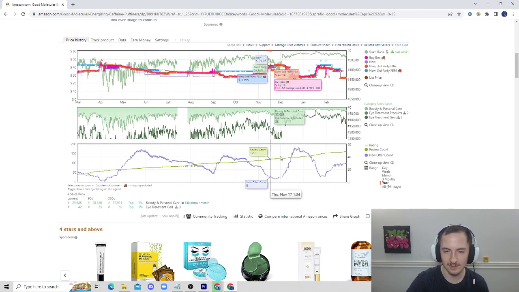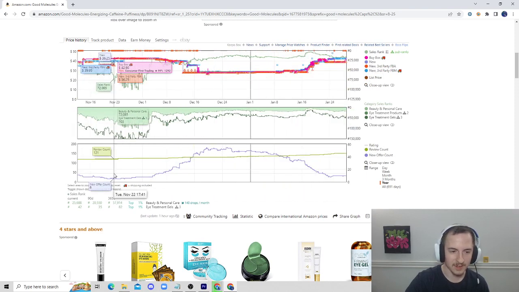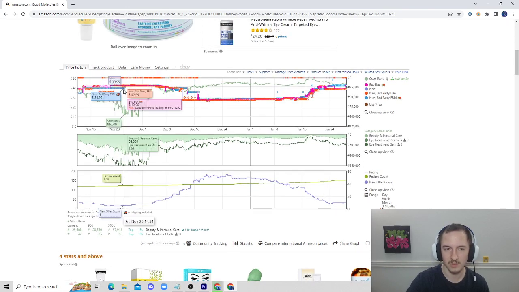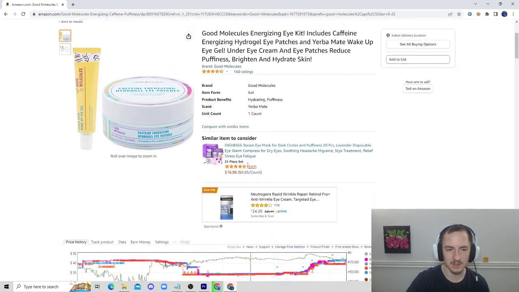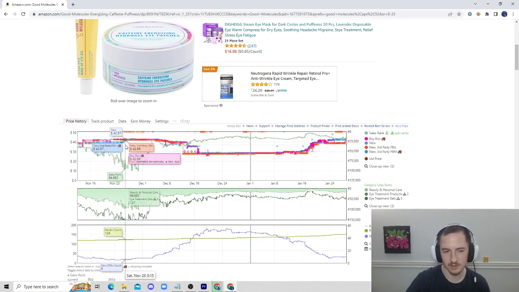So we can see here, let's just look at this one. Right here, there were like 6 sellers on this, and it was going for $42, an amazing price point, right? This product doesn't cost that much, so at $42, you're going to be making a pretty good amount of money.